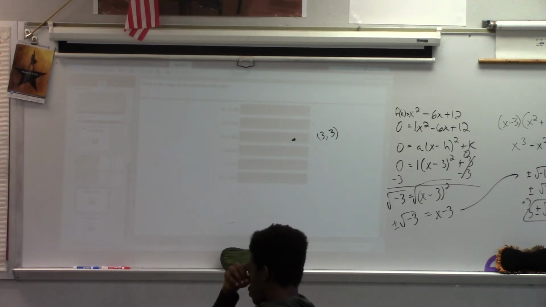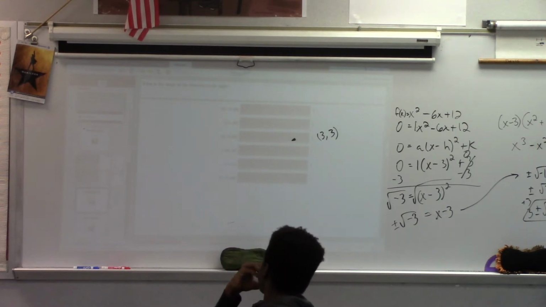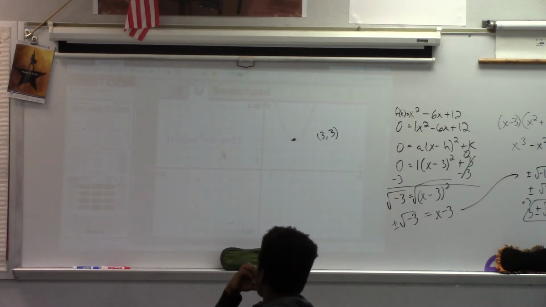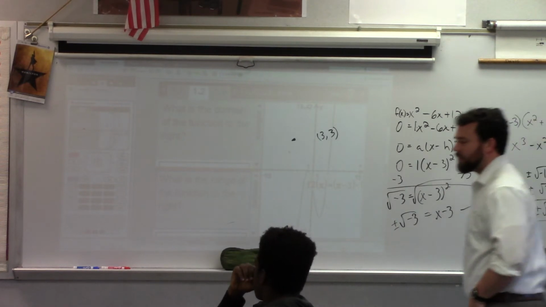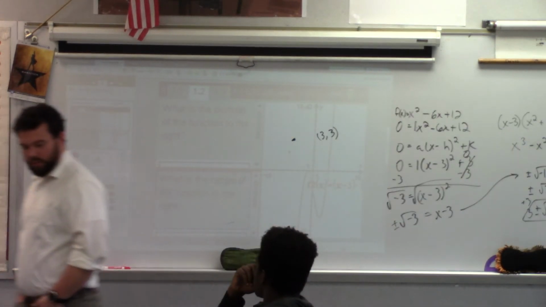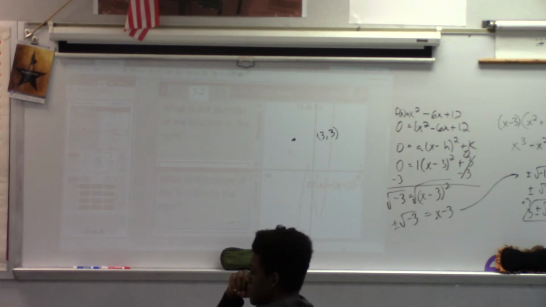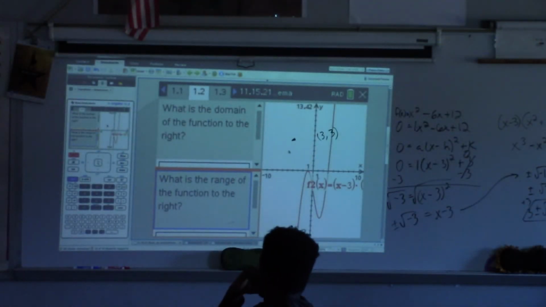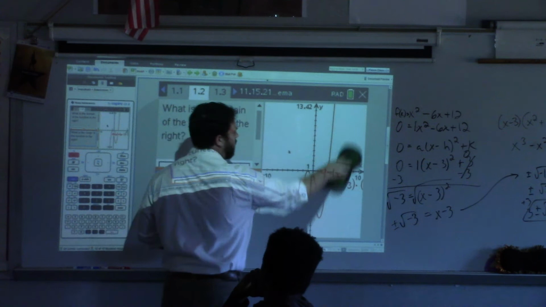So what is the range? Okay. So what do we mean by range? The y-intercept? The y-axis? Not quite the y-axis. It is a y, but not a y-axis, because I would want you to remember, this is the y-axis, right here.